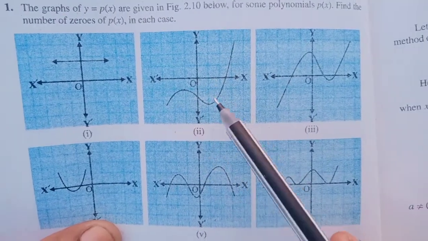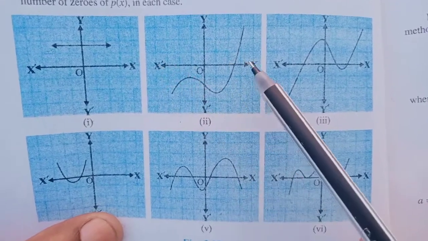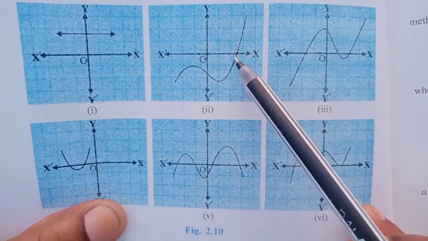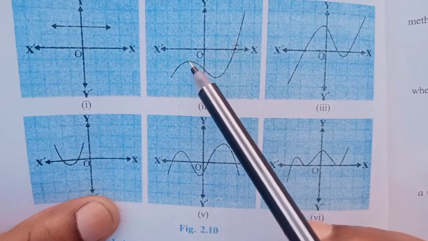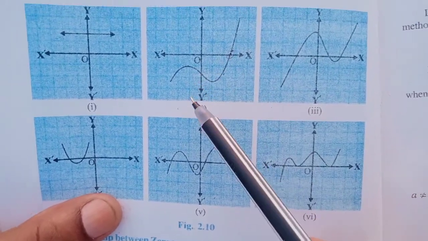Second, see the figure of p(x), and we see that the graph cuts the x-axis at 1 point only. It means it has 1 zero.